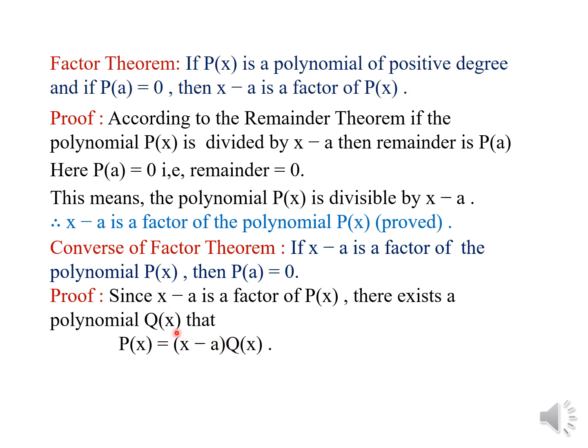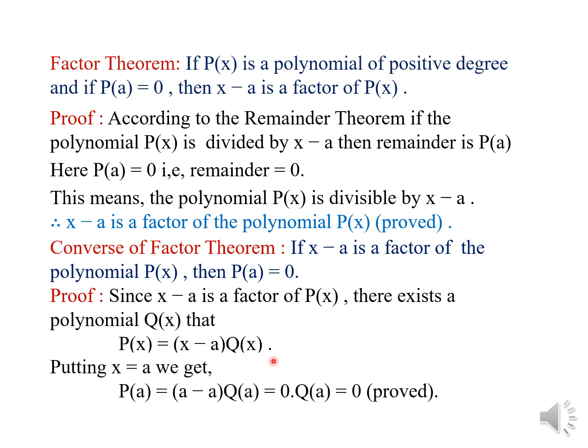That is, if we divide p of x by x minus a and the quotient is q of x, we can say this, because if x minus a is a factor, then remainder is 0.